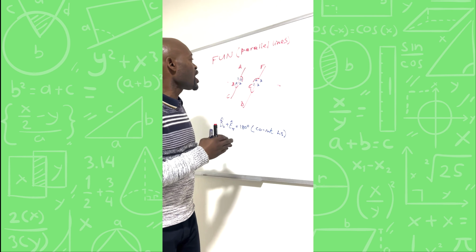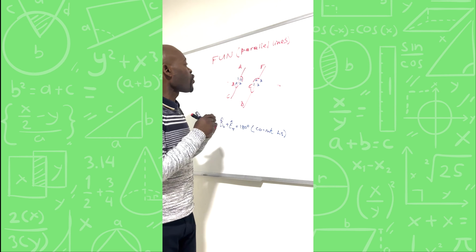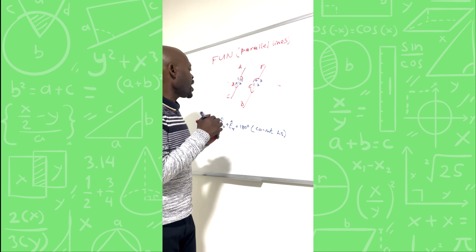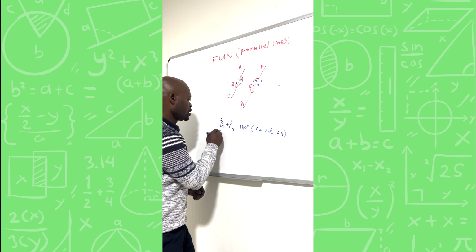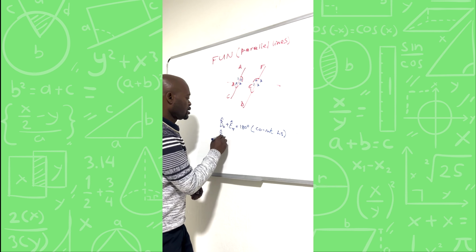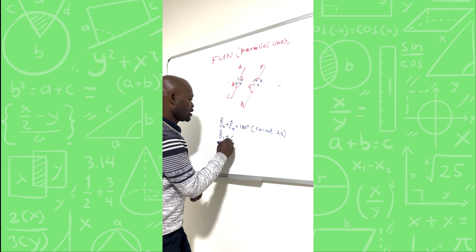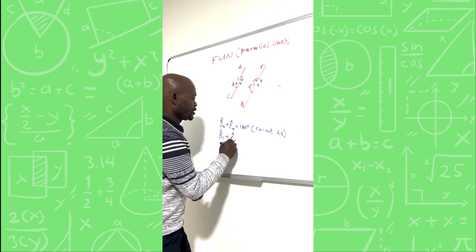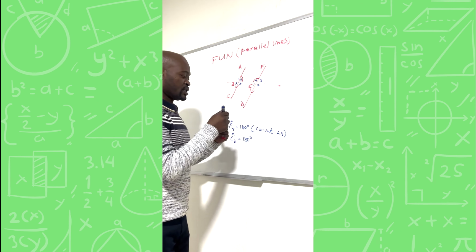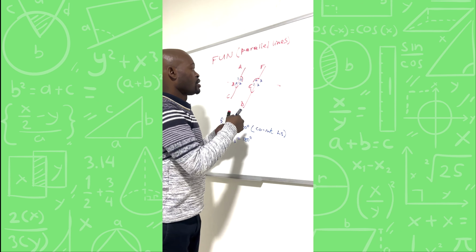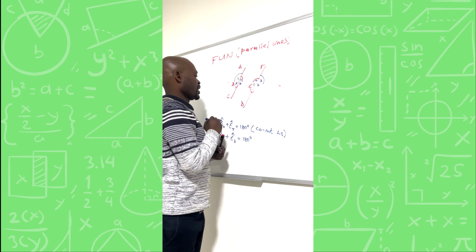We can also have co-exterior angles, where angle B1 plus angle E3 is equal to 180 degrees. Here, this angle plus this angle.